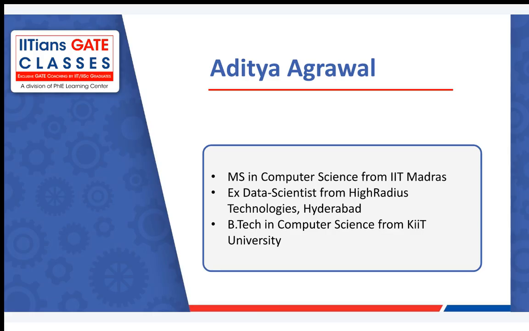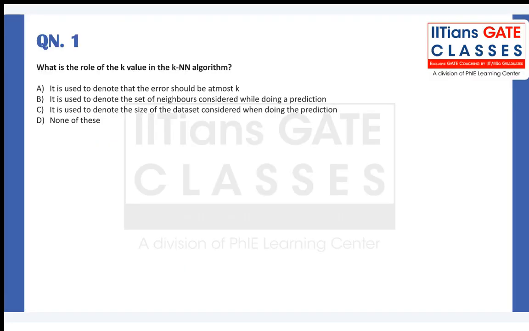Starting from the first question on this. What is the role of the value k in the KNN algorithm?